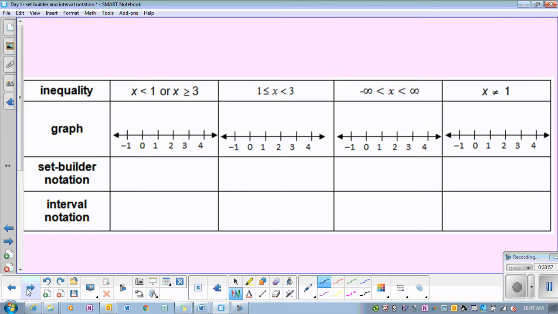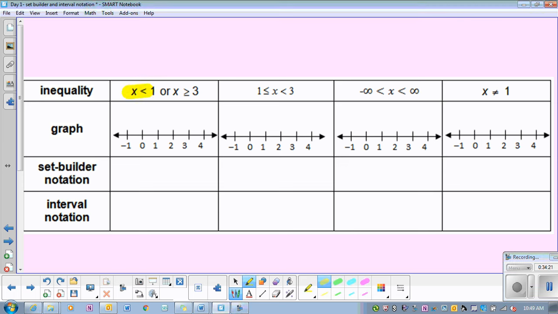So, let's look at the next one. You guys should be able to do the graph for the first one. I want you guys to try that. Try the graph, please. Alright, so your graph, since it's or, I know I have arrows, right? You gotta take it one piece at a time.